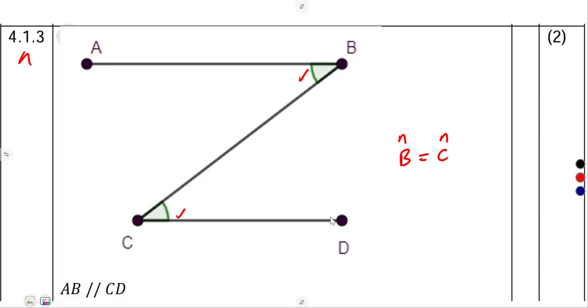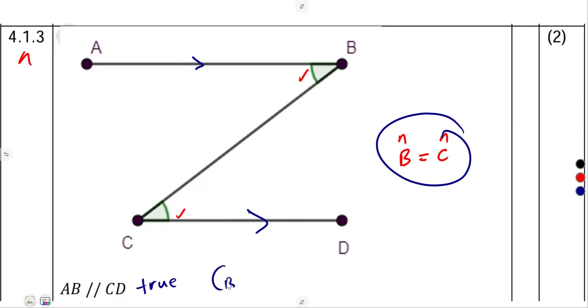Yes, because they will be what? Alternate angles. So look, guys, these angles are equal. So automatically it tells us these two lines are parallel. So it's true that these two are parallel, since angle B is equal to angle C, which makes them alternate angles.